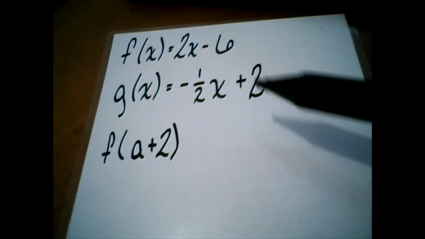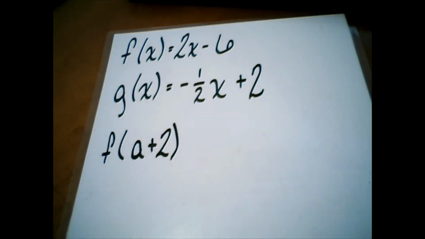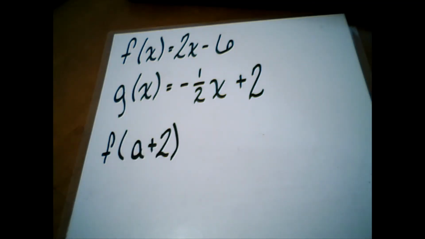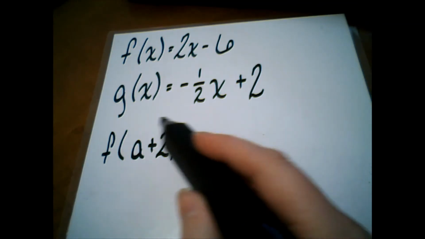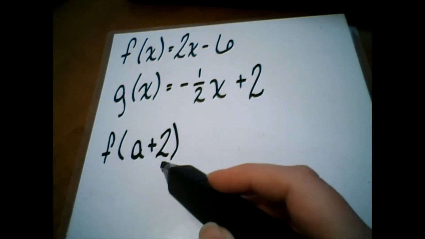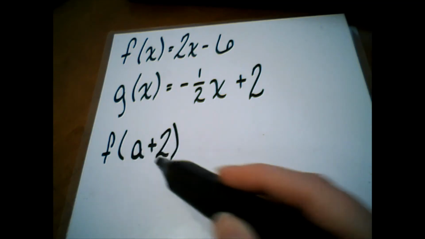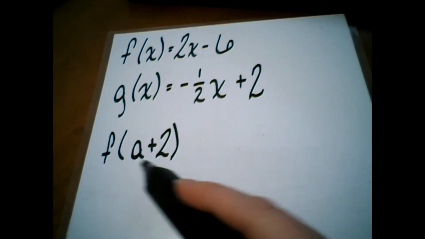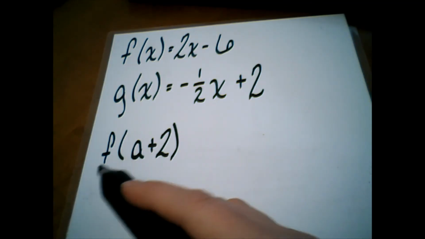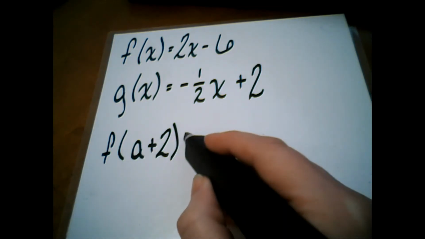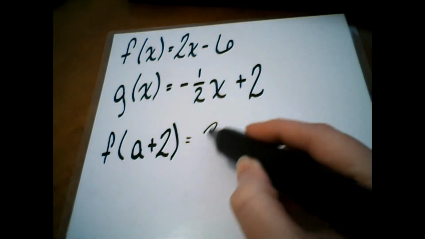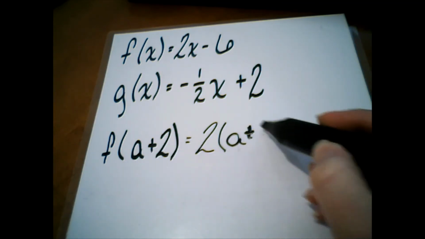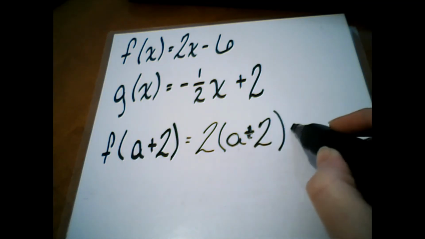Moving on, we have the same two functions. We have f of x, or the value of f at x, and g of x, or the value of g at x. Instead of numerical inputs, you might have expression inputs. It might have a single letter, or it might have an expression as this does. But it's still an input. It's still f of a plus 2, the value of f at a plus 2. So we will say that this is 2 times the input of a plus 2 minus 6.